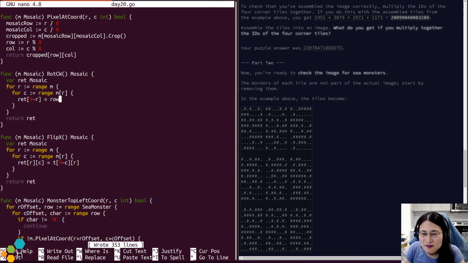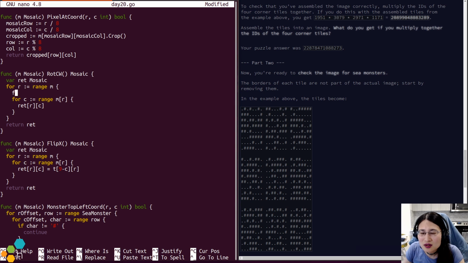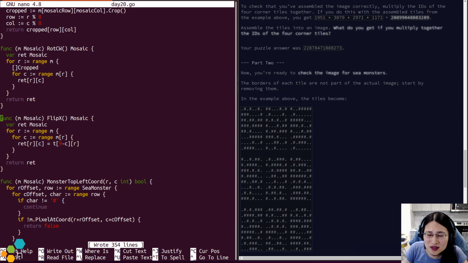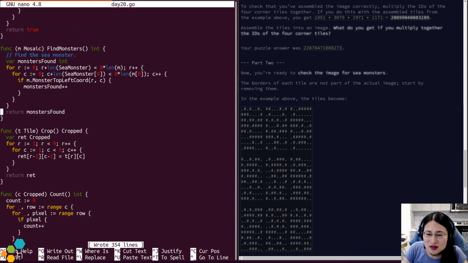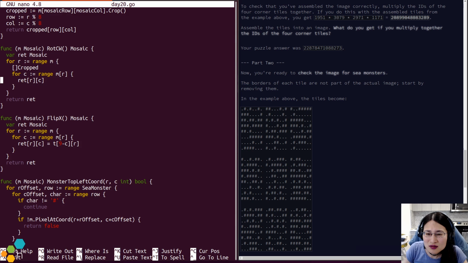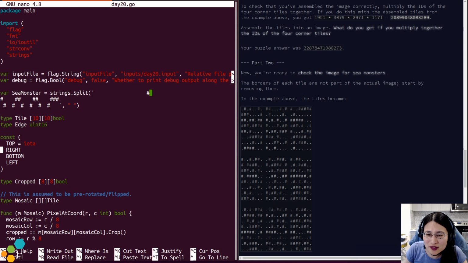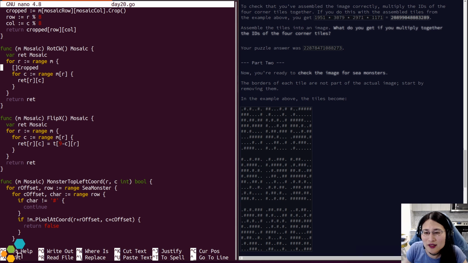Okay. So a mosaic operates on raw values, yes? Yeah, a mosaic is a set of tiles. Okay.